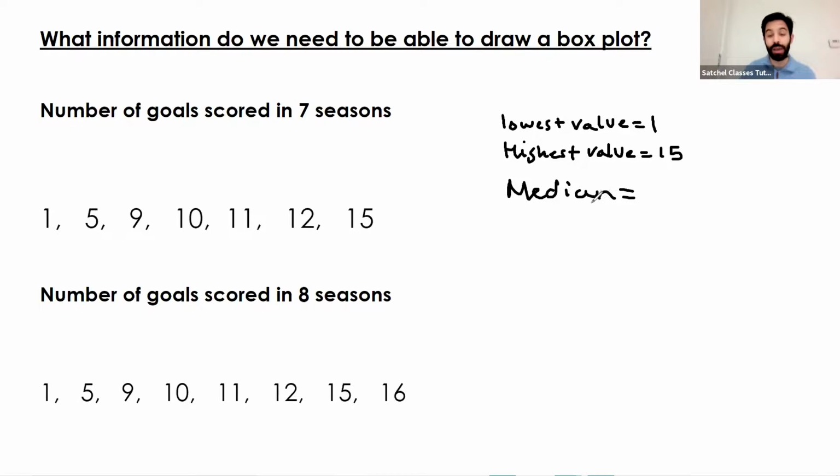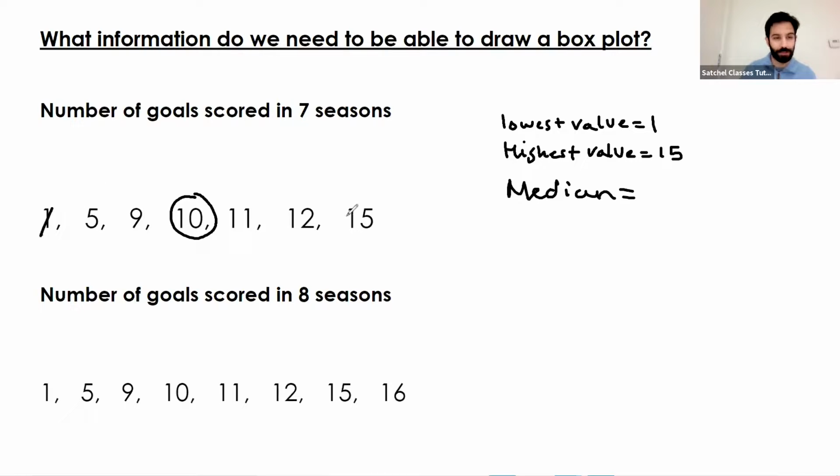And the median is a type of average, and that's essentially the middle value of your data set. So in this case, the middle value of our data set is 10. And we can find this out by crossing off a value from the left and the right.